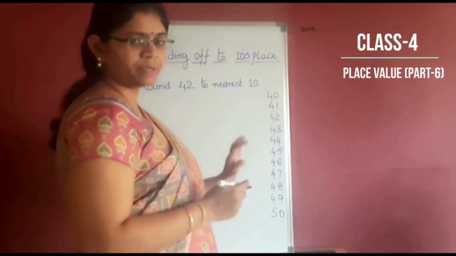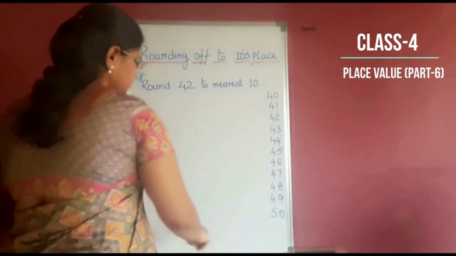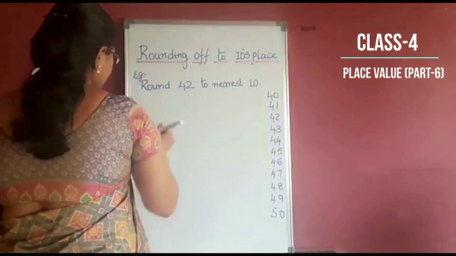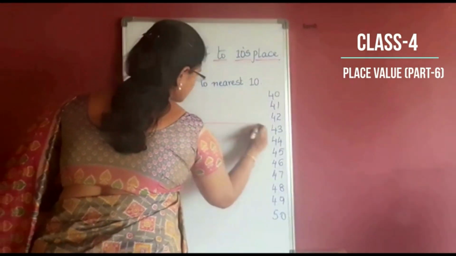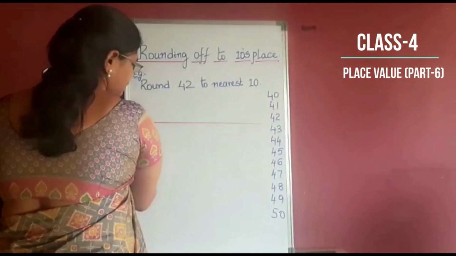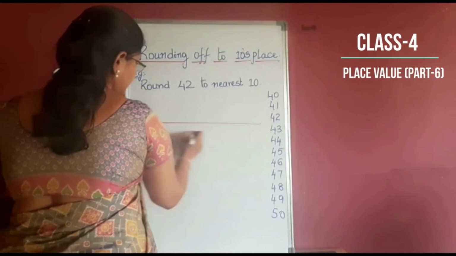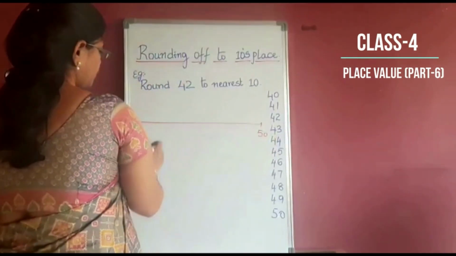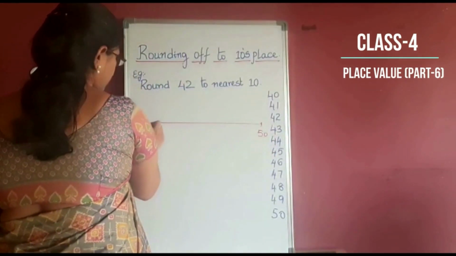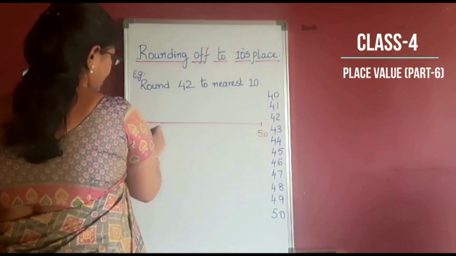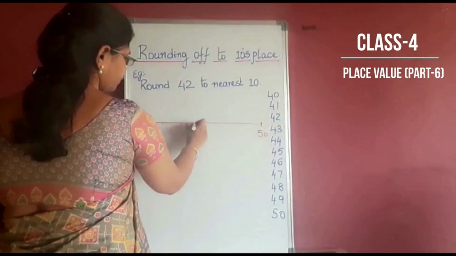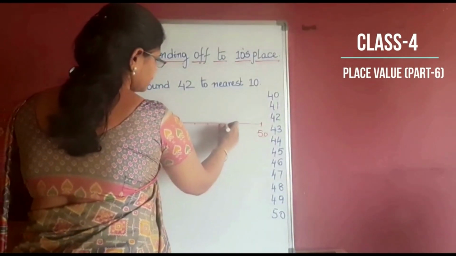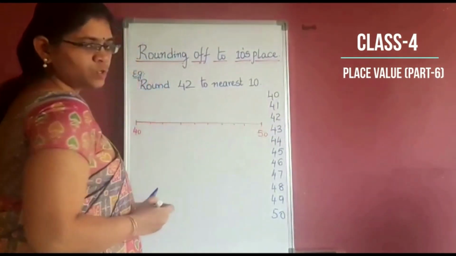So, first let me represent this on a number line. I am drawing a number line from 40 to 50. Now, we have numbers over here on this number line as 41, 42, 43, 44, 45 and so on.